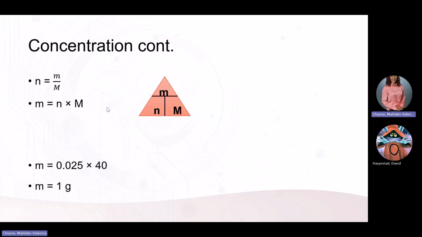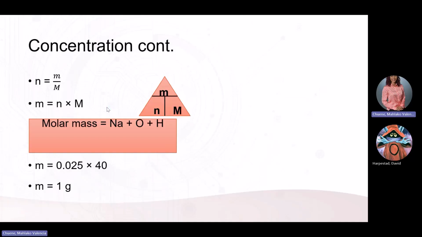In order for you to get to that 40, you're going to go to your periodic table and add up the molar masses of the elements which are there. The chemical composition of sodium hydroxide is NaOH. So you look at the molar mass of sodium, the molar mass of oxygen, as well as the molar mass of hydrogen, and add them together.